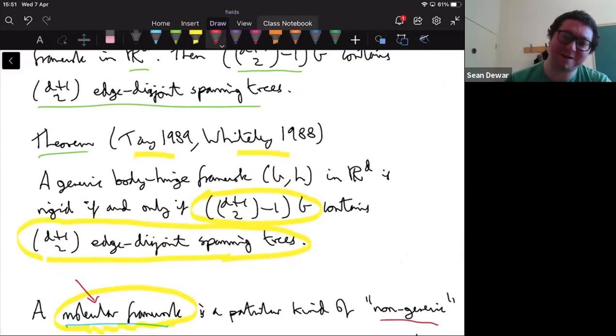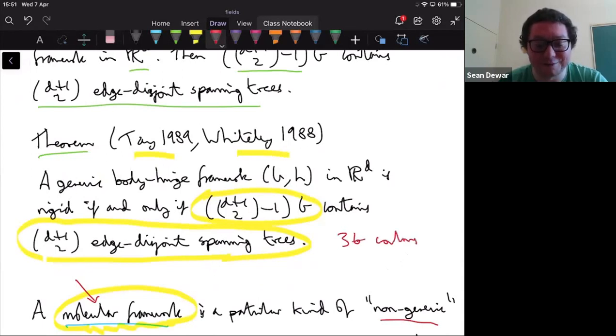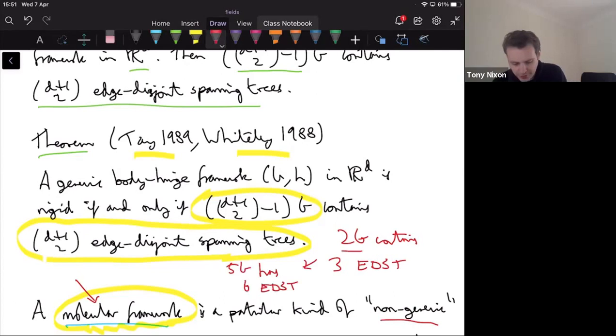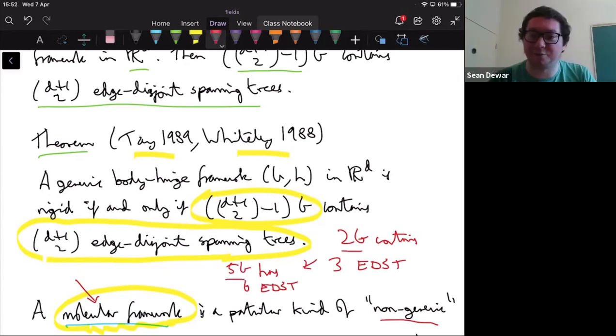Yeah, because okay, so if 2G contains 3 edge-disjoint spanning trees, sorry, I got that wrong. Then if you want to go to the next one, which would be showing 5G has 6 edge-disjoint spanning trees, then to get from 2G to 5G you're just adding 3 more edges every time.